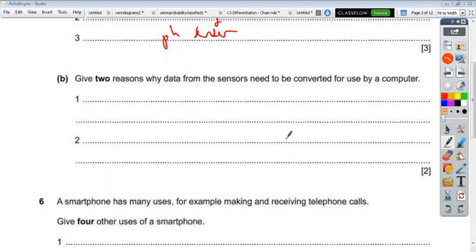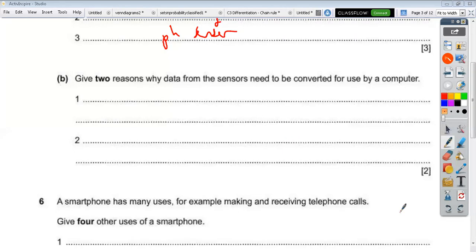Second point: the computer can only read binary. Unfortunately, the output from the sensor is analog, human readable, what you and I can read, 27 degrees, whatever. The computer cannot understand that. That information has to be converted to ones and zeros, to binary, what the computer can understand.